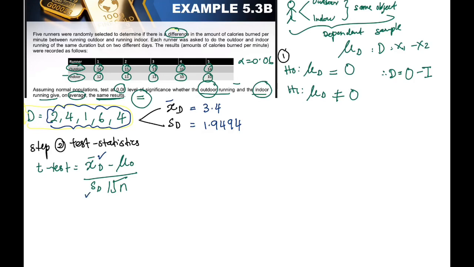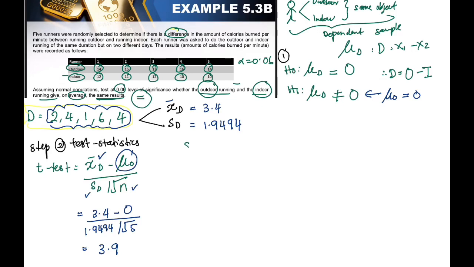So now we have the x bar D, we have the SD, n equals to 5, mu naught equals to 0. Substitute 3.4 minus 0 over 1.9494 over square root 5. You will get 3.9. This is your t-test.